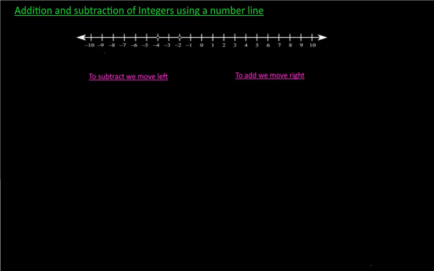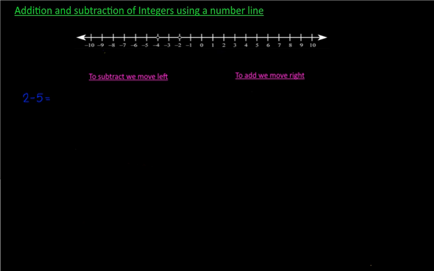Now let's check this using some examples. Here is 2 minus 5 equals, so our objective is to find 2 minus 5. What we have to do here is find 2 on the number line.